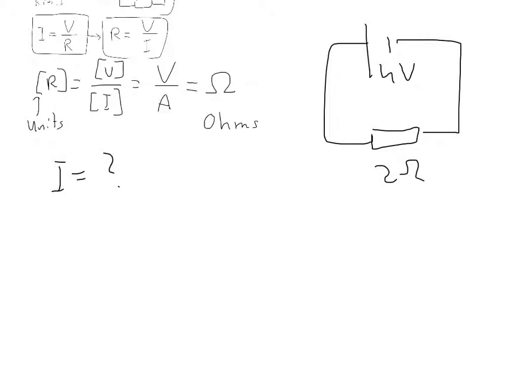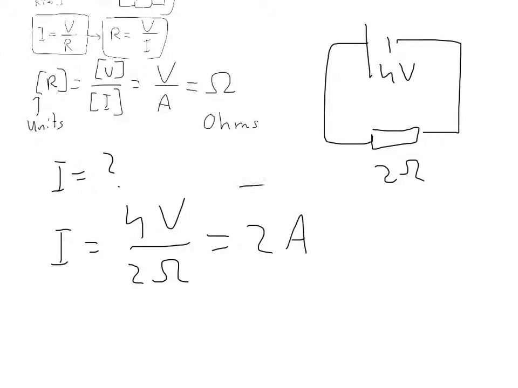Okay, well, I use this equation here. So current is voltage, 4 volts, divided by resistance, 2 ohms, and that's 4 divided by 2, that's 2 amperes. Done.